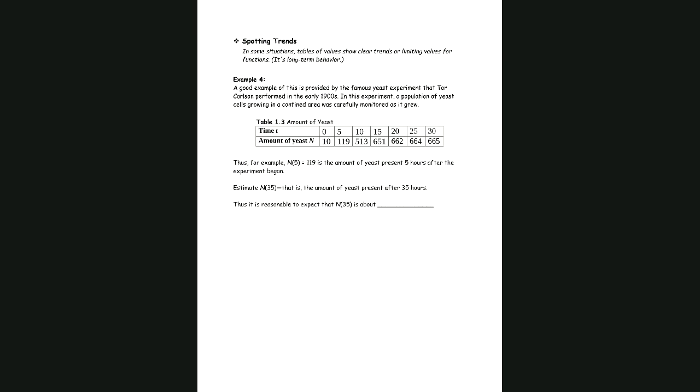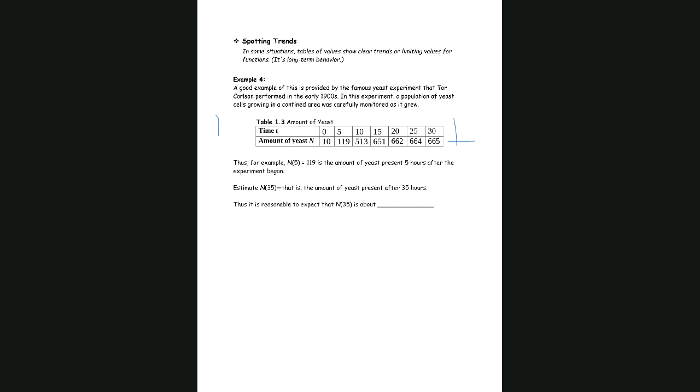Now we also know that tables are good at showing trends. In this example, we're going to look at the long-term behavior, which we also call the limiting value. As time goes on, what's happening with our amount? Here we look at the yeast experiment, and over time it's increasing. Every hour it increases by a certain amount. At first it increases rapidly, but then the rate of increase slows down.